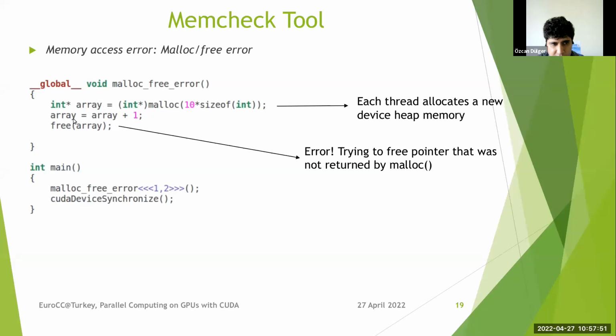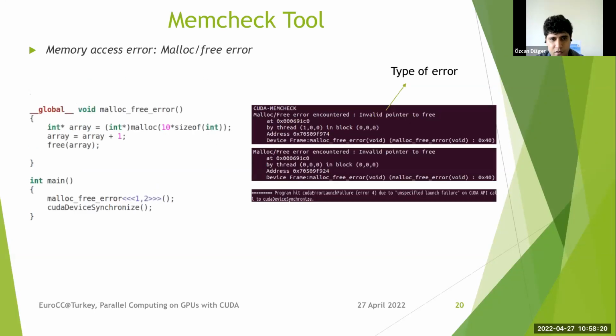But when we change the address of this array by setting the address of the second element of the array, here we changed its address, but the second element as a pointer, so think about that it's a pointer. The second element is not returned by malloc. So we get an error.